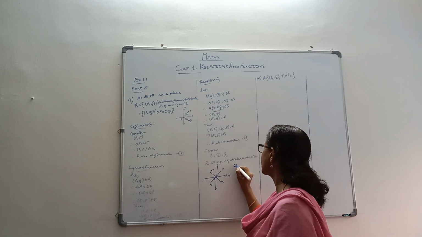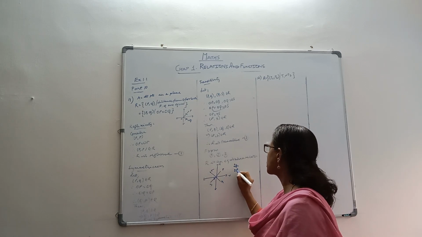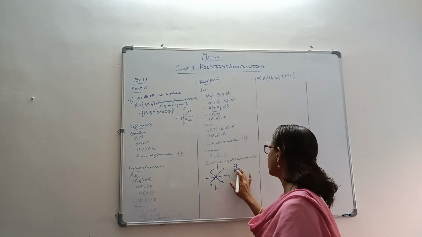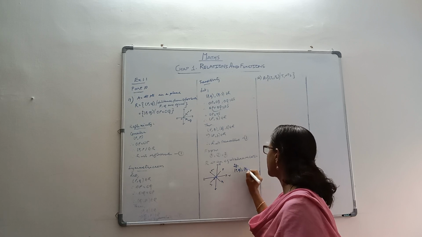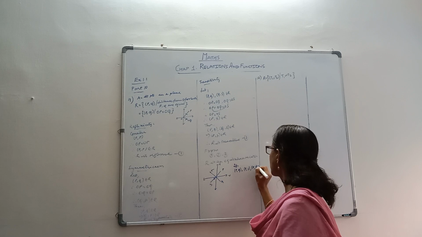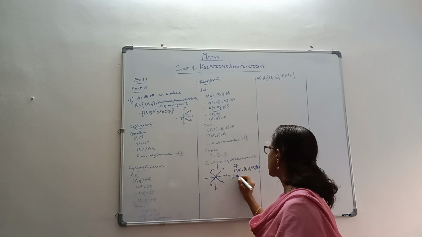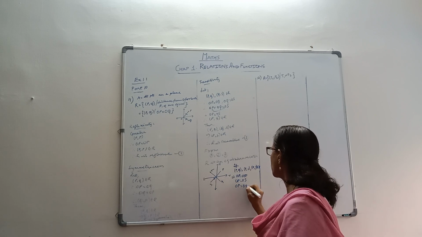If PQ comma PS comma PT belong to R, what is the meaning? It means that OP equal to OQ, OP equal to OS, OP equal to OT.